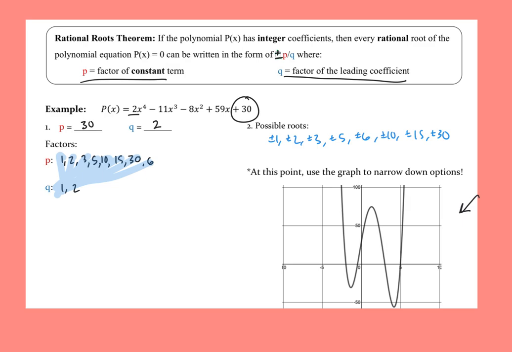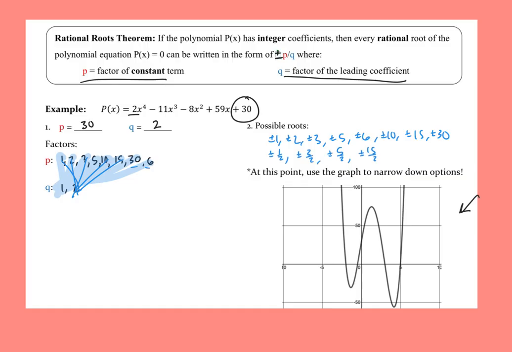But now I have to divide all of these numbers by 2, so I should get 1/2. I should get 2 over 2, which is 1, so I already have that one. 3 over 2 is plus or minus 3/2, plus or minus 5/2. I have 10 over 2, which is 5, I need 15 over 2, and I have 30 over 2 and 6 over 2 already. Those reduce to the numbers that we have up above. So those are all our possible roots.